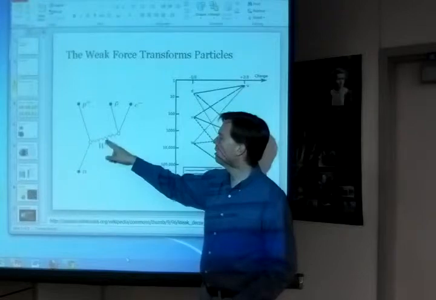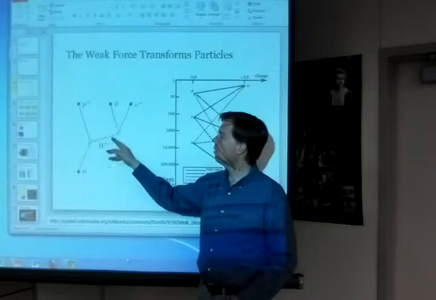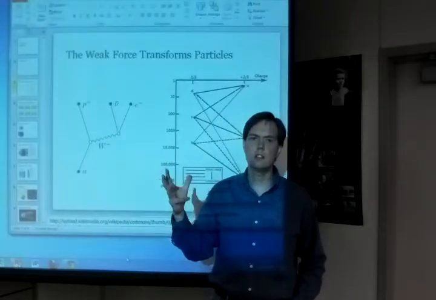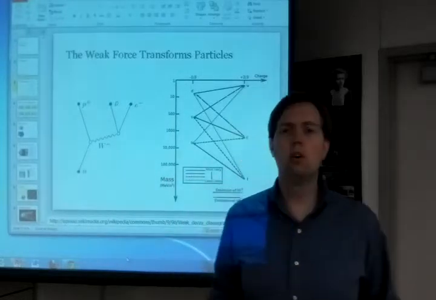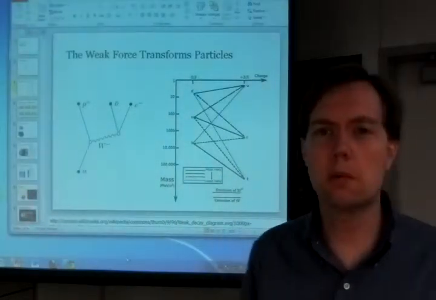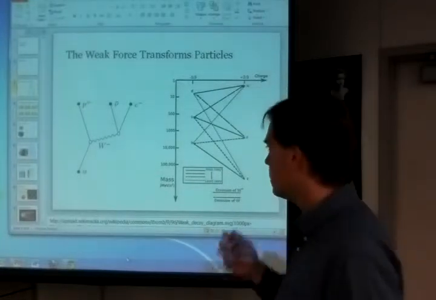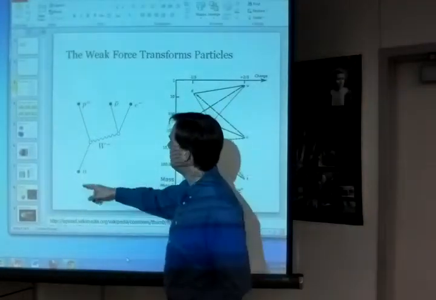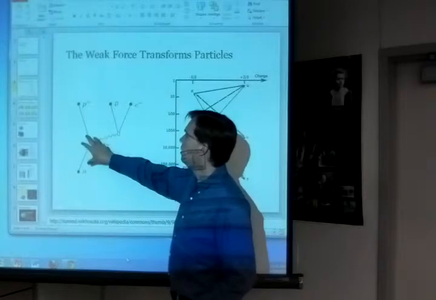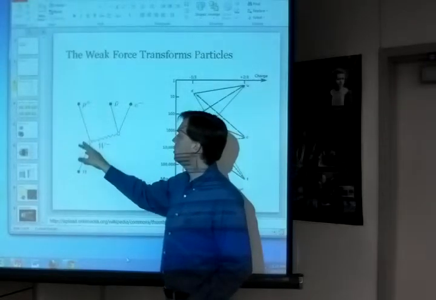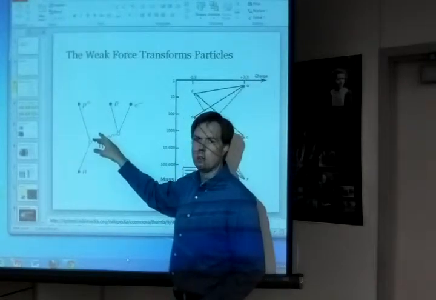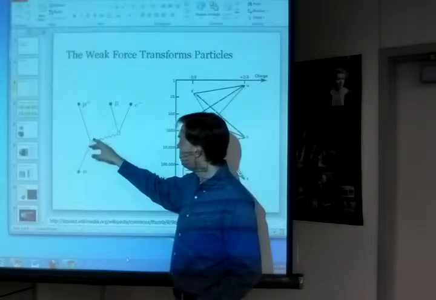This boson exists, and it propagates for a while and decays. This isn't the only way the weak boson works, but we're talking about how neutron decay works, and this is the picture. Basically, the neutron falls apart, becomes a proton, and spits out a W boson.